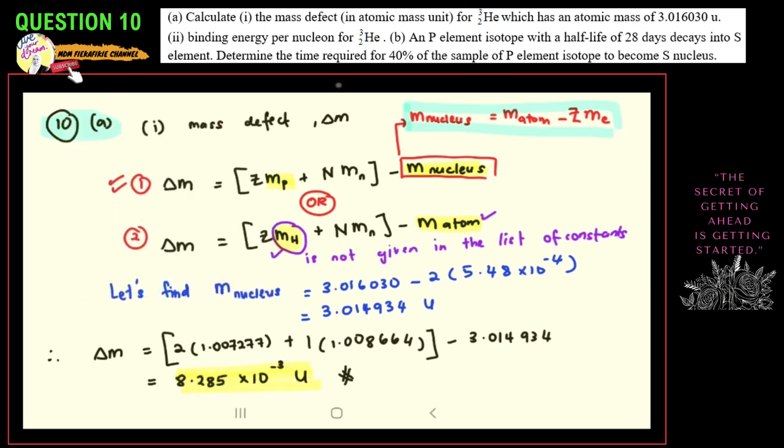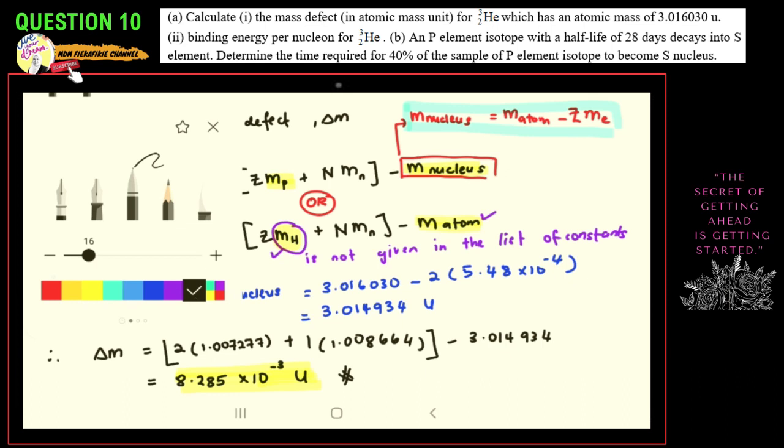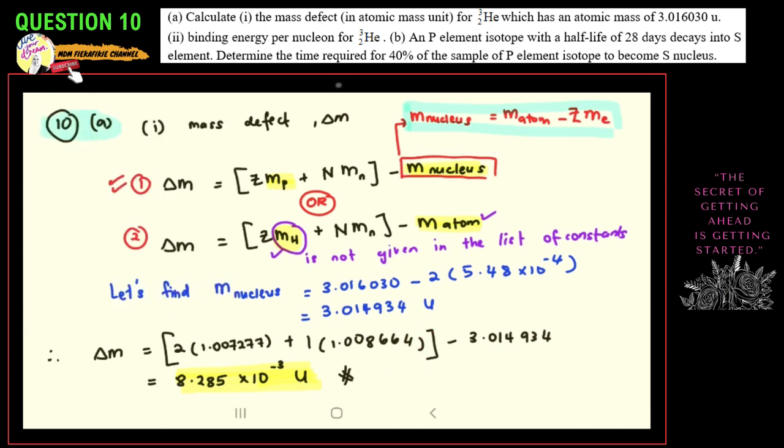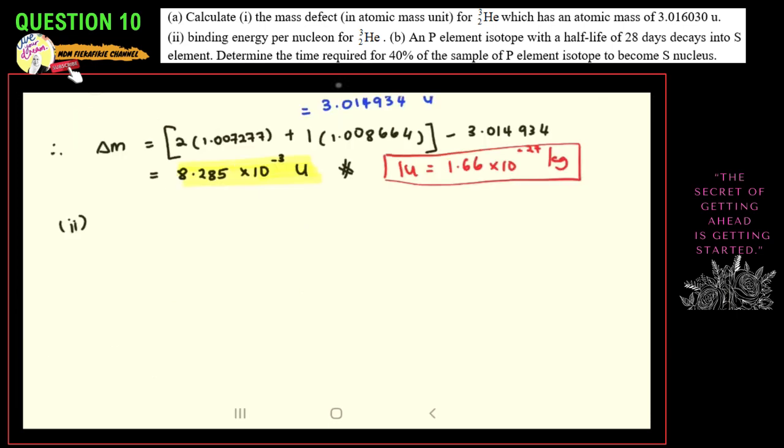Okay, kalau soalan nak dalam kg, boleh tukarlah dalam kg. Remember that 1 U is equal to 1.66 exponent negative 27 kg, in case nak tukar dalam kg. Alright, next we want to calculate what is the binding energy per nucleon for helium.